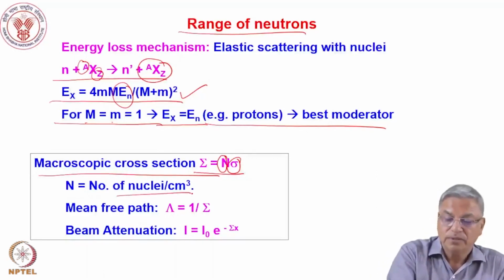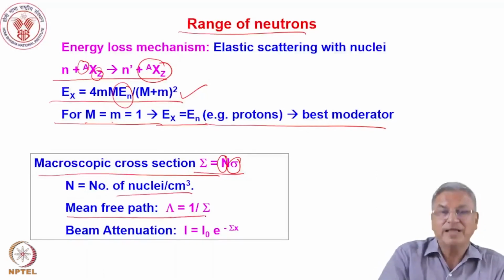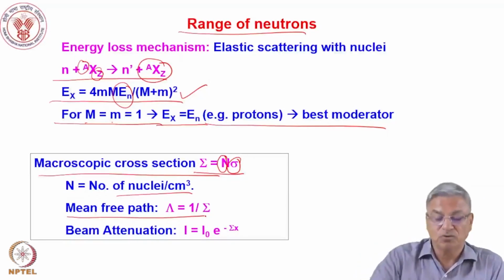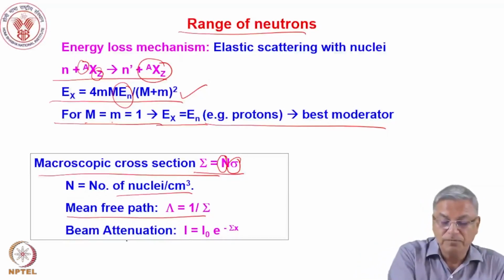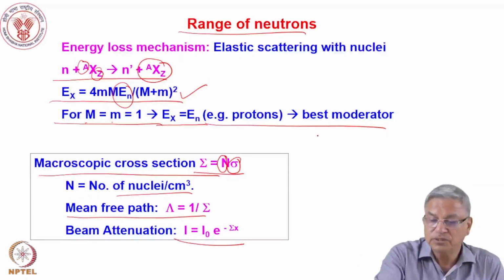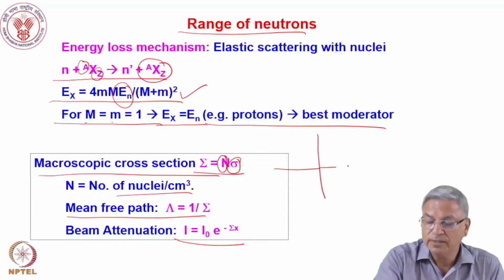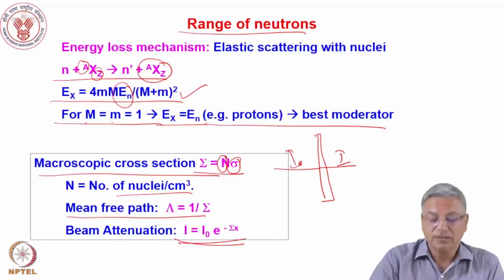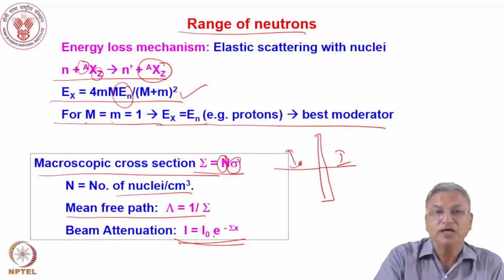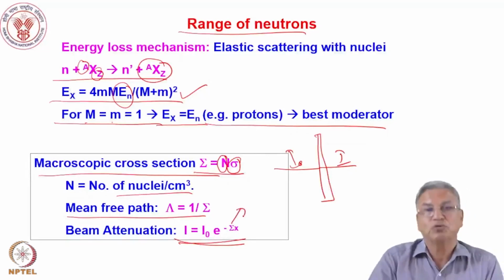And the sigma is actually like the decay constant of a neutron. Like when we have the beam attenuation of the neutron, when the neutron beam is going, then I0 to I, the neutrons also will follow a similar type of expression, I equal to I0 e raised to minus sigma x, where this sigma is the cross section.